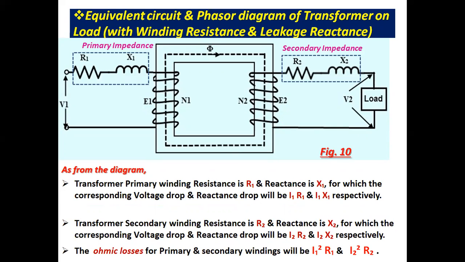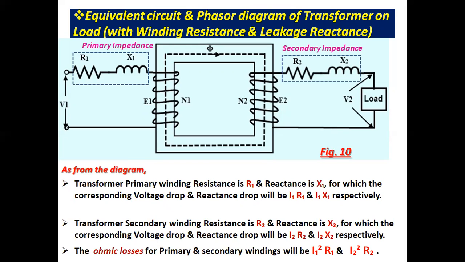Equivalent circuit and phasor diagram of a transformer on load, that is, with winding resistance and leakage reactance. As from the diagram, the transformer primary winding resistance is R1 and reactance is X1, for which the corresponding voltage drop and reactance drop will be I1 R1 and I1 X1 respectively.